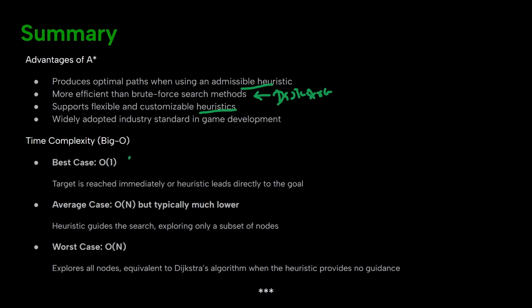In the best case scenario it is just O(1), and in the worst case scenario it is O(N), which means even in the worst case we have very good performance, a linear time complexity. In the average case also, which is what we usually rely on, we have O(N) time complexity, but typically much lower.